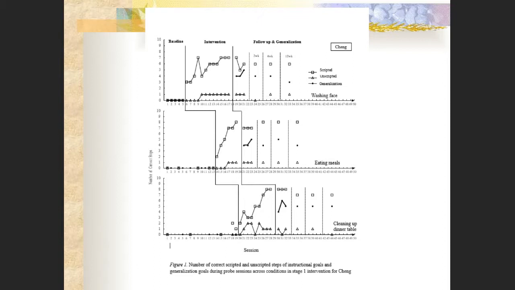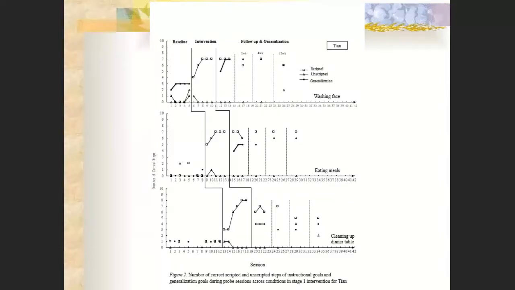We also measured unscripted actions, meaning these are responses created by the participant. They are not targeted, they are not shown in the videos. So they have some unscripted responses for each task. All right, and next would be a different child.